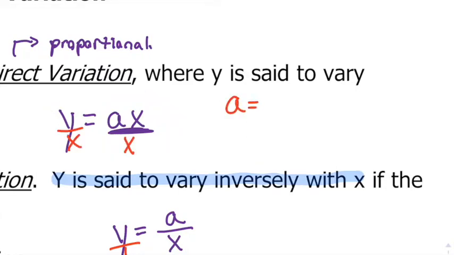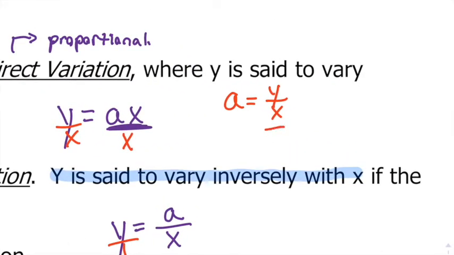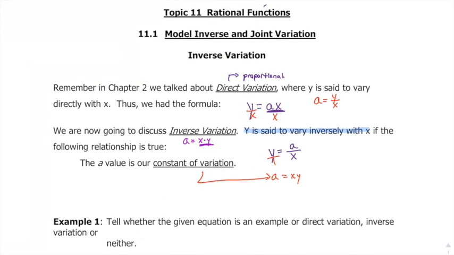And that means every single time y over x is going to be your constant of variation for direct variation. So this quotient should be the same. The y over the x should be the same thing every single time if it's a direct variation relationship.